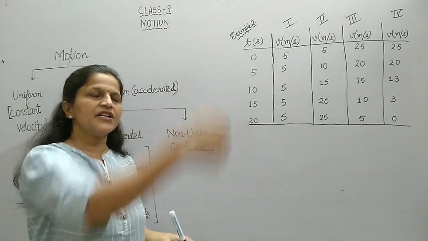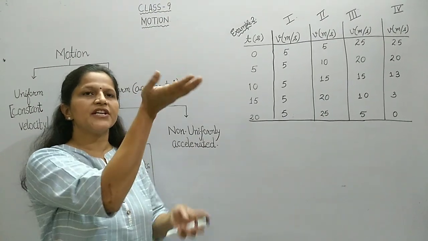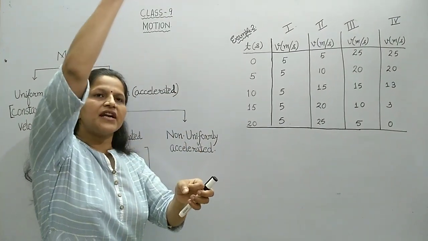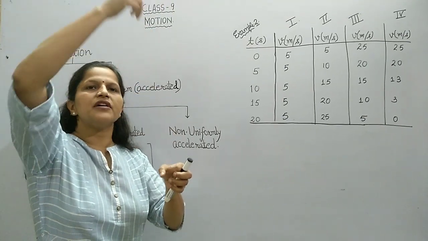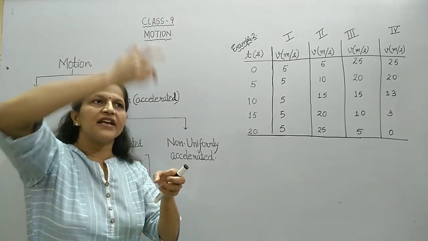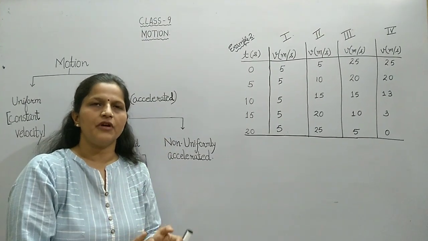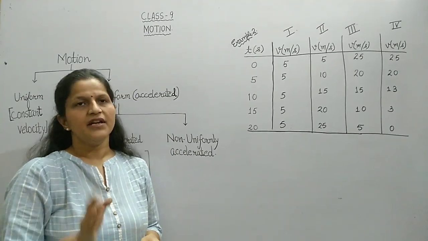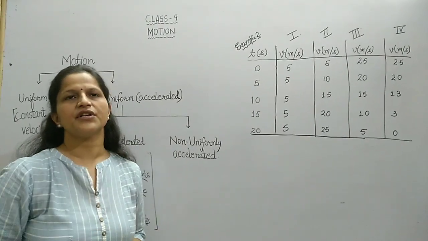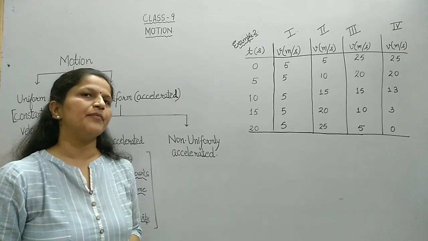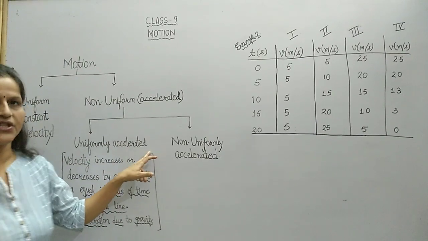When you throw a body in upward direction, the path remains a straight line but its speed goes on decreasing. This increase or decrease in the speed is absolutely uniform when we talk about gravity, and that is why we say that acceleration due to gravity is an example of uniform acceleration.